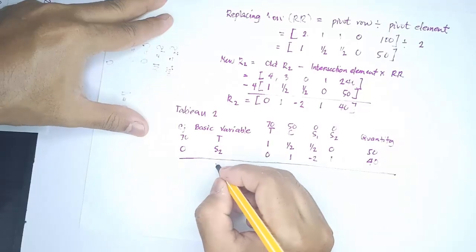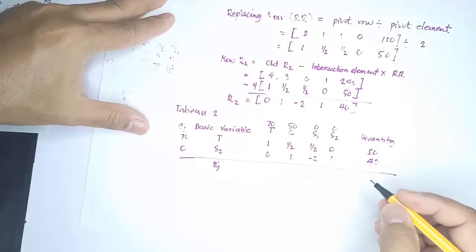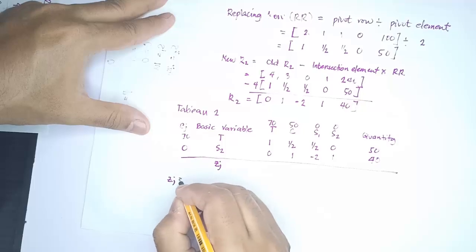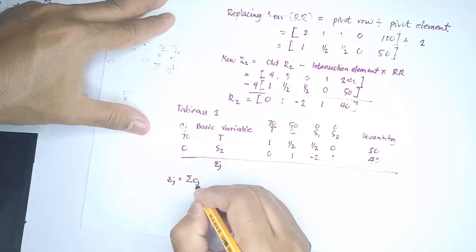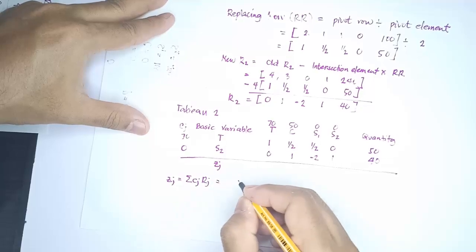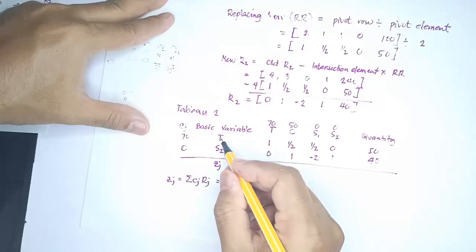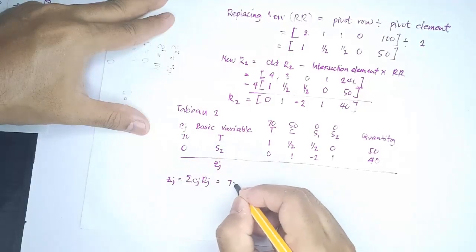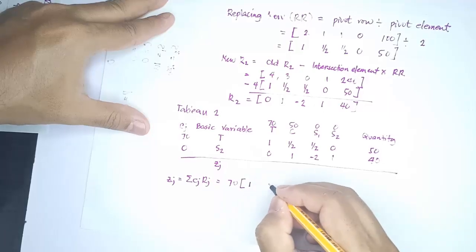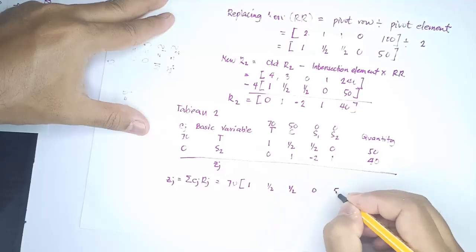We can now compute the values of z sub j. Again, z sub j is equal to the summation of c sub j times r sub j. The first variable is t and its coefficient is 70, times the elements of row 1: 1, 1 half, 1 half, 0, 50.